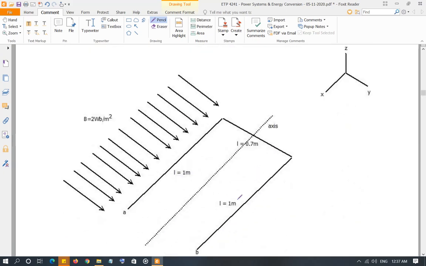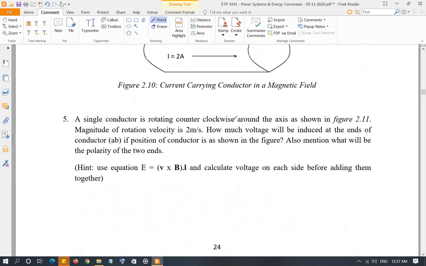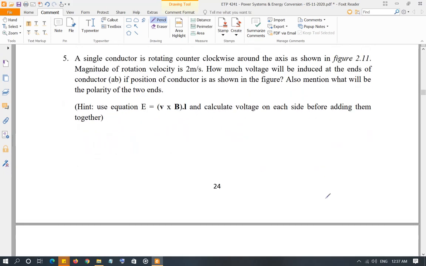So in this, observe what's going on. You have a loop, this, which is moving, rotating about this axis, which is in the center, and it is rotating in clockwise direction or counterclockwise direction.